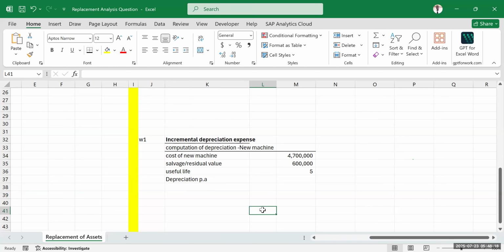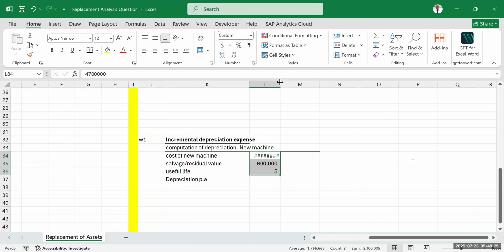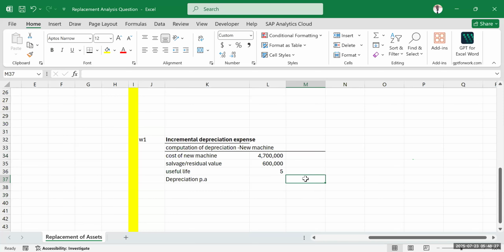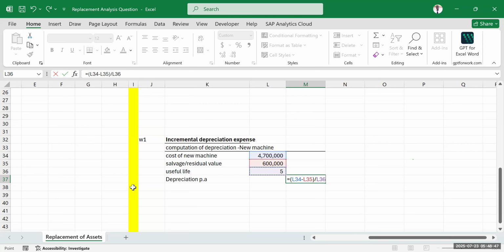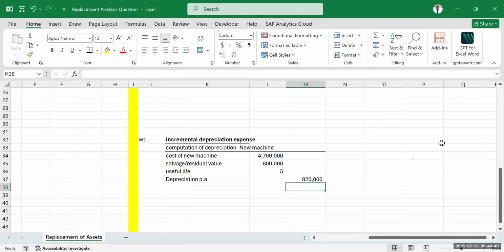I want this depreciation per annum to appear here. So we follow that formula: cost, which is 4.7, minus residual or salvage value, which is 600,000. I close that bracket. Whatever we get out of that, we divide by the useful life of this new machine, which is 5. That will give me 820,000 as the depreciation per annum.